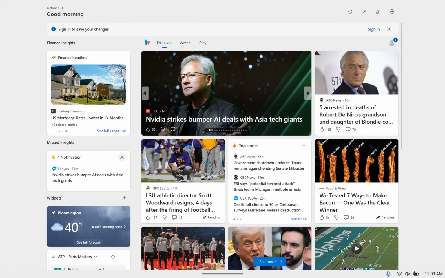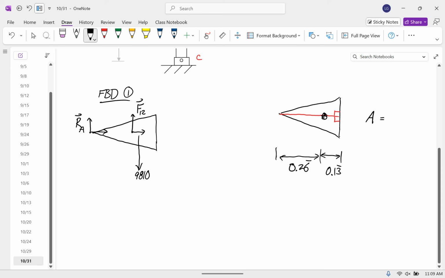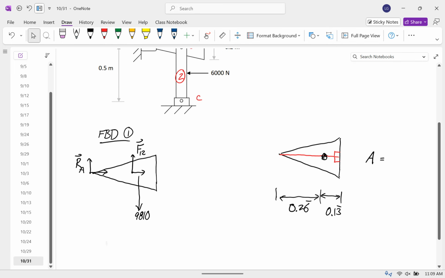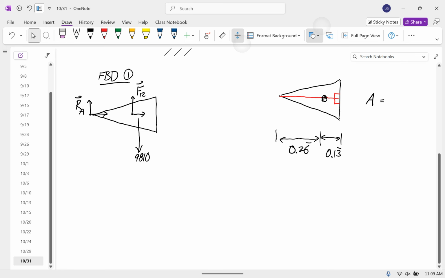And then the area of this thing is the base times the height. What's the height of that? 0.2 times 0.4 over 2.